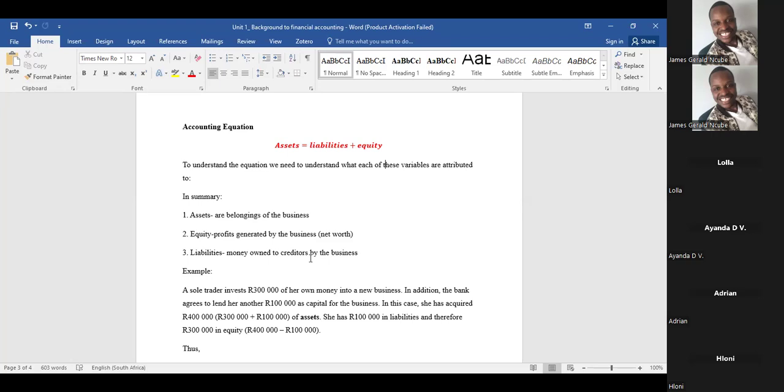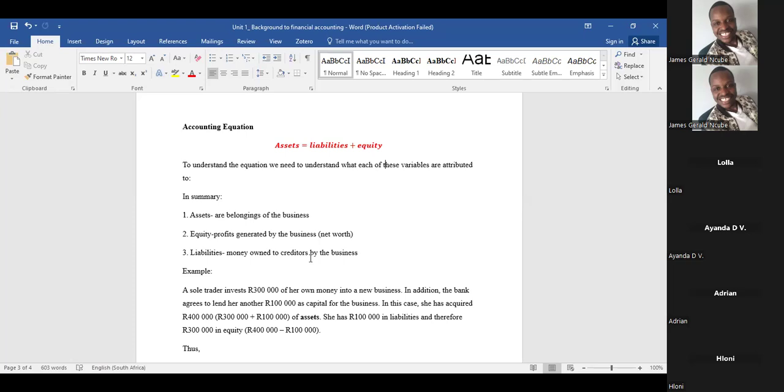That sounds like a liability, right? I'm sure Sir James explained this pretty well as well, because we are owing the bank. This is the money that we're owing the bank, so it's a liability, right? In this case, she has acquired 400,000. So in total, what belongs to the business is 400,000, right?